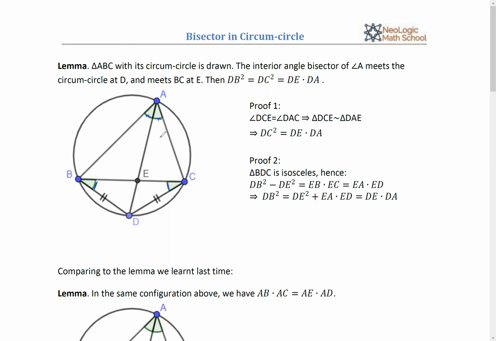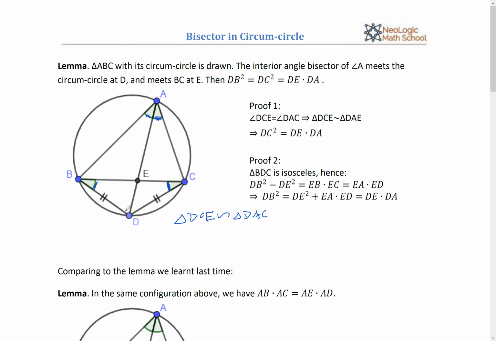All these four angles are the same. So now this angle equals this particularly, right? So triangle DCE is similar to DAC. All right, so DC squared equals DE times DA.